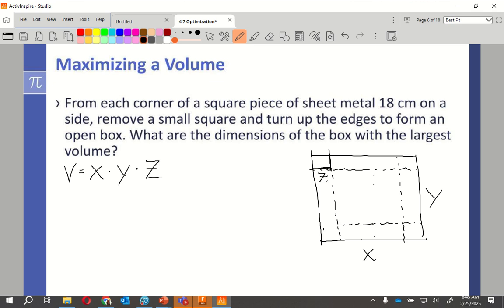Yeah? Okay, good. Now, they say it's a square. So is y really a separate variable? If it's a square, that means that both sides, or all four sides, are the same length, right? That's important to read. If it's a square, I can replace y with just x, because it isn't a separate side, because the definition of a square is that all four sides are the same.